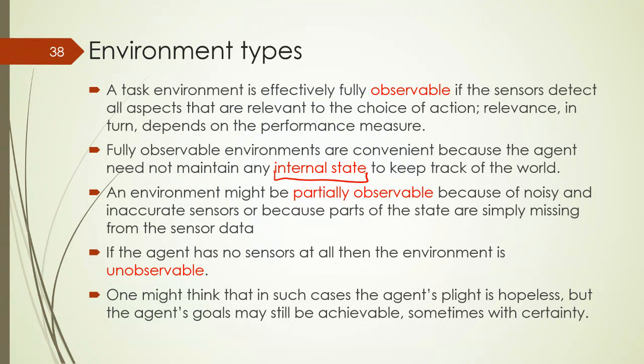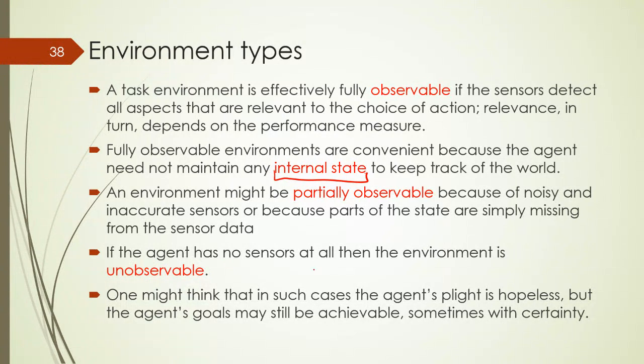This driver needs to keep the state of the road in their mind. If you are familiar, if you have been on that road, you have to retrieve that information: I know there is a bend here, or there is something here I should be prepared for. Or no, you haven't been there before, so you have to build up that information based on your observation.